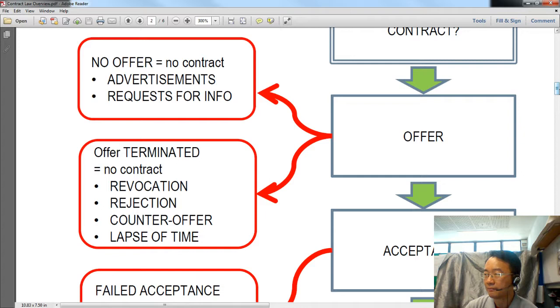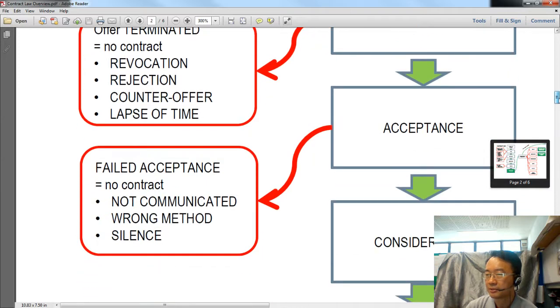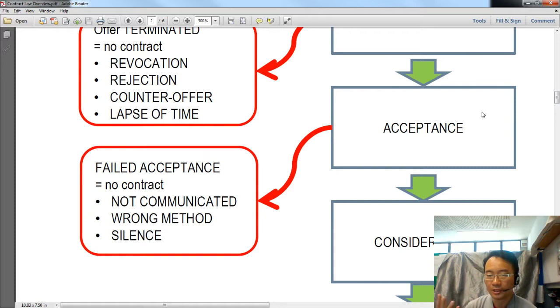Let's look at the second factor, acceptance. Acceptance must be communicated. So if it's not communicated correctly to the offerer, then that's a failed acceptance, and therefore you also have no contract. Or it could be by the wrong method. Maybe the offerer wanted it to be in a particular way, and so if you accept in the wrong way, it will also be a failed acceptance.